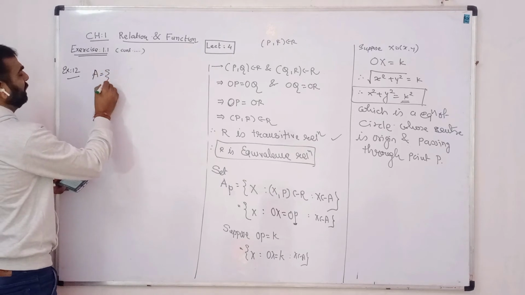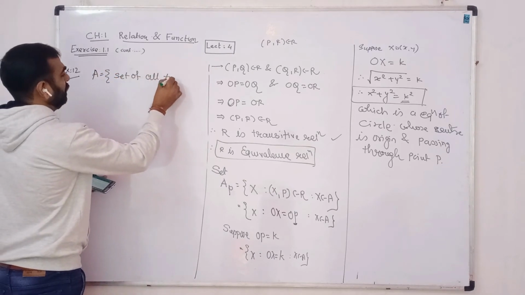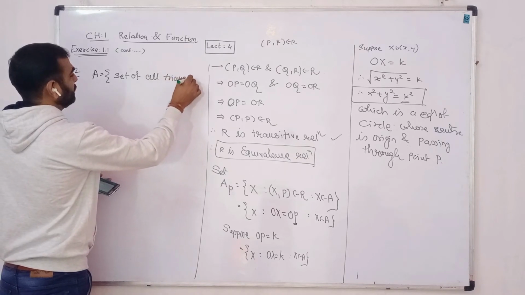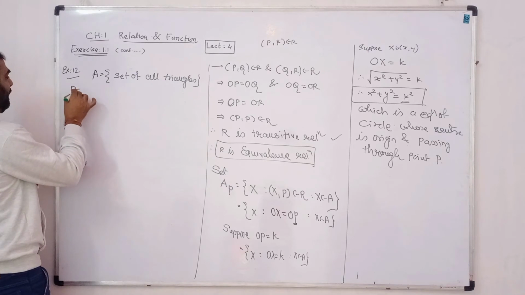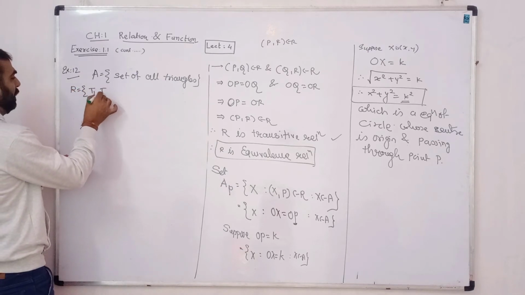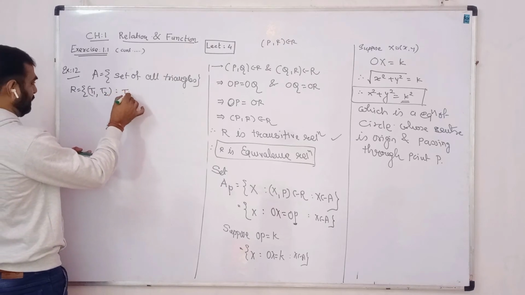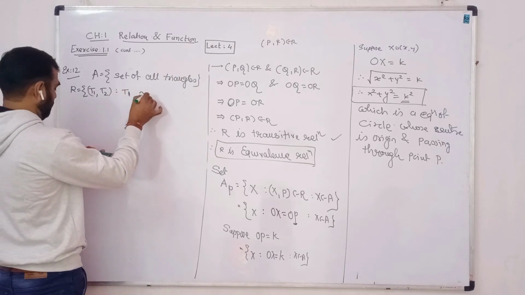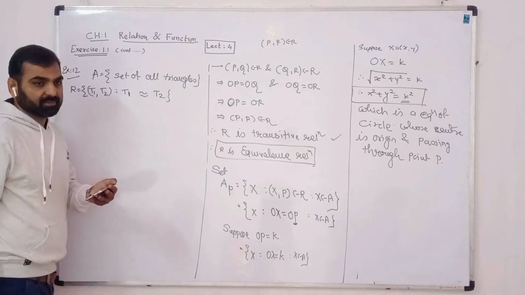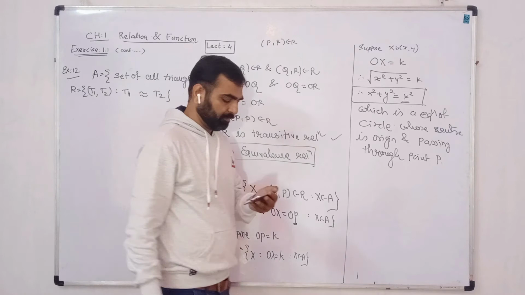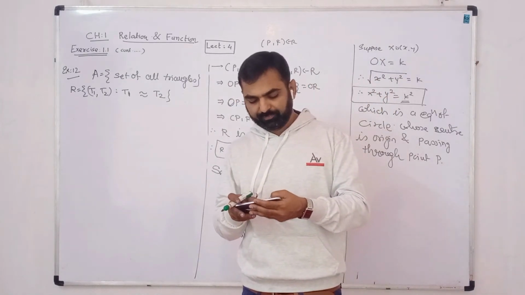Set A is the set of all triangles. On it a relation R is given, R is equal to (T1, T2) such that T1 is similar to T2. Now we are given this as an equivalence relation.